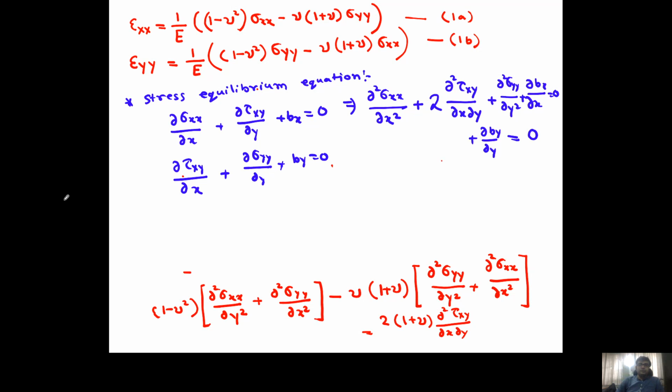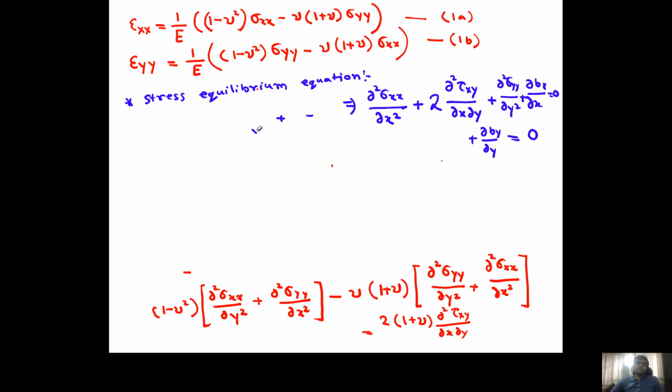So I'm now going to erase this equilibrium equation, because what I need has been derived already. And then we will work with what is remaining actually. So let us see what is remaining.